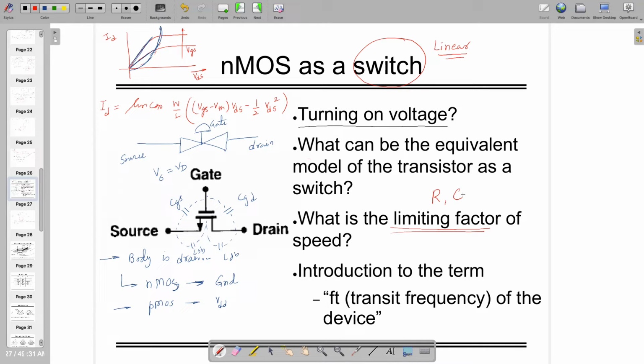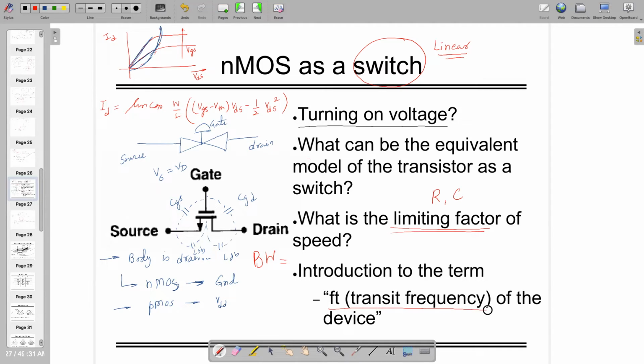But if you are at very high frequency, gigahertz, terahertz, or even kilohertz, all are high enough so that it will limit your speed. If you are applying some frequency at the source side, which is much higher than the speed of the transistor, then it will not work, right? So that is the problem. And the bandwidth of this transistor is known as Ft of the device, or the transit frequency of the device.